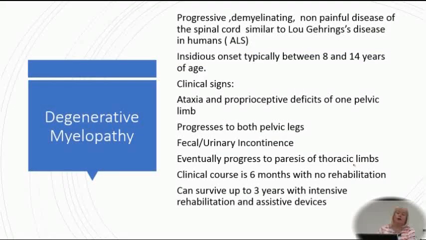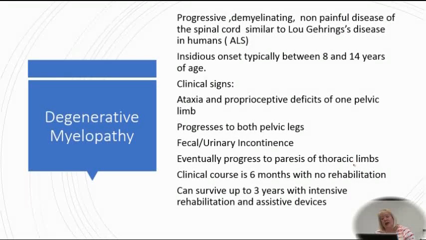So degenerative myelopathy, when we were talking about neurological rehabilitation, I had said we would talk more extensively about DM in another lecture, and it's this lecture, because this is a kind of out-of-the-box, strange things, what works, what doesn't. Degenerative myelopathy, most of us know what it is, but it's a progressive, demyelinating, non-painful spinal cord condition, and it's similar to ALS in people, Lou Gehrig's disease.